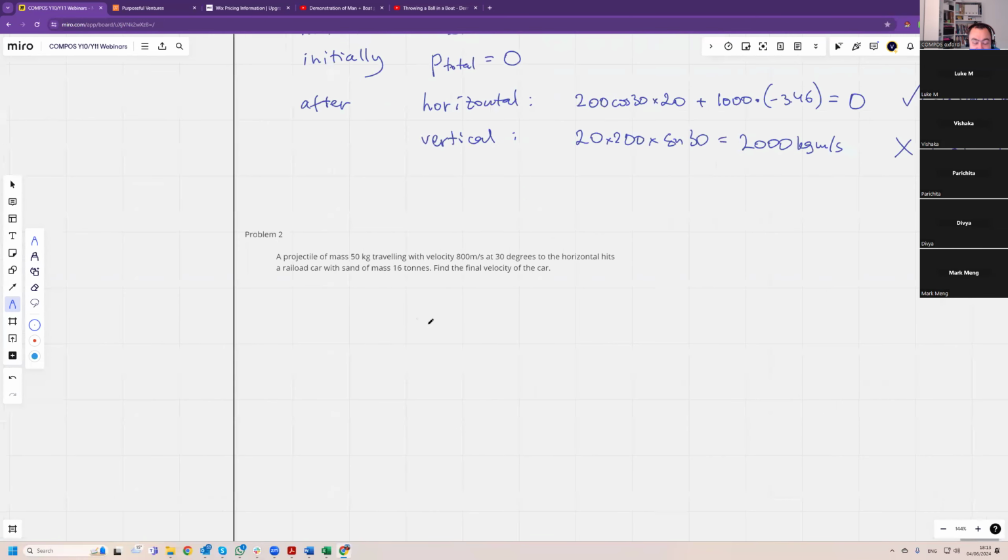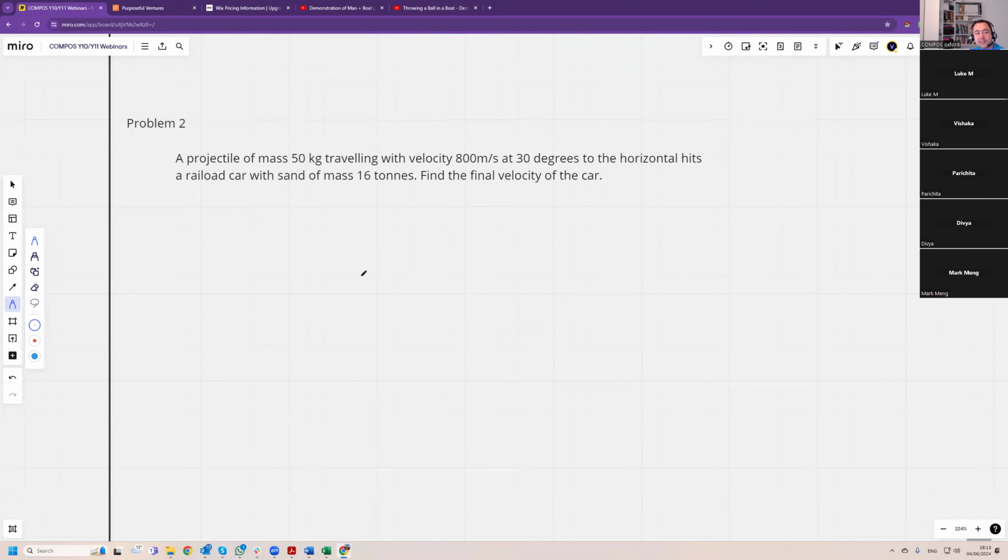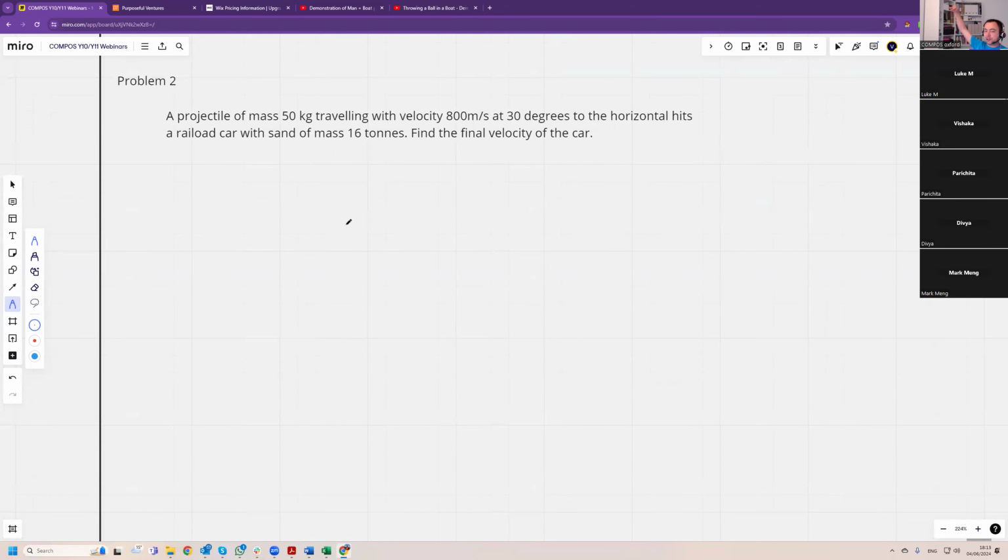Now, the second question is very similar to the previous one. A projectile of mass 50 kilograms traveling with velocity 800 meters a second at 30 degrees to the horizontal hits a railroad car and gets stuck, of course, because it's sand.